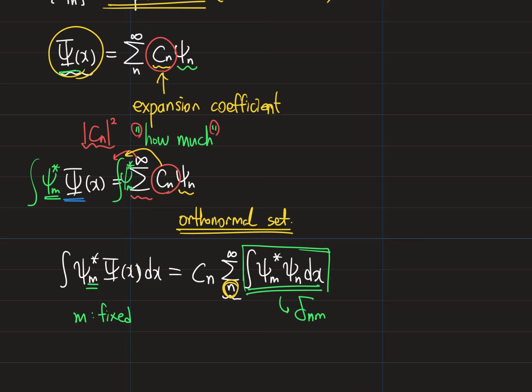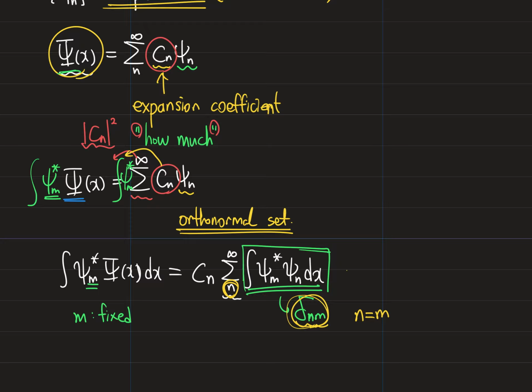That means n can be varied from 1 to infinity, right? So if you calculate the Kronecker delta, this value always goes to 0 except when n is equal to m, right? Otherwise the Kronecker delta is 0, so we don't have any contribution.